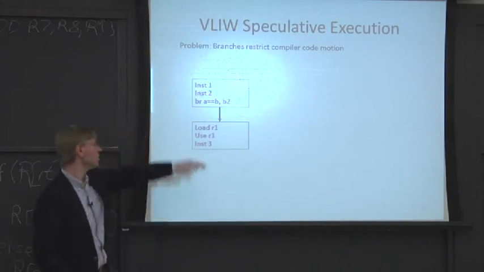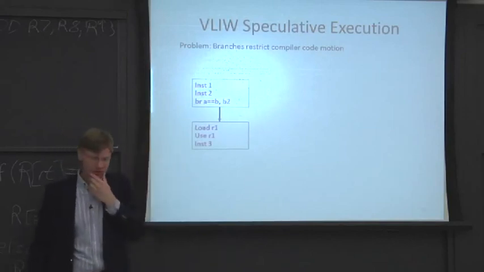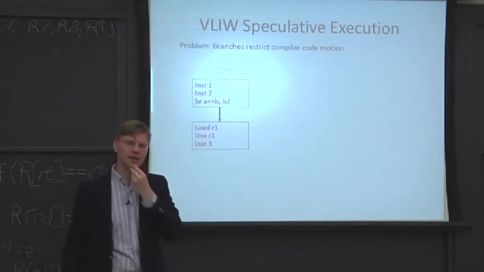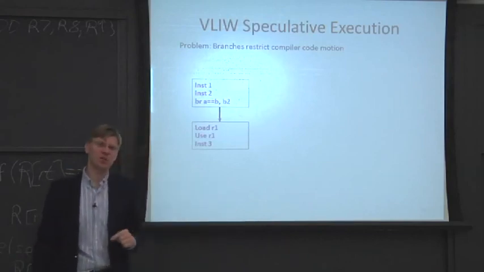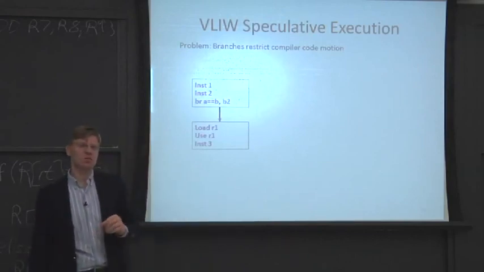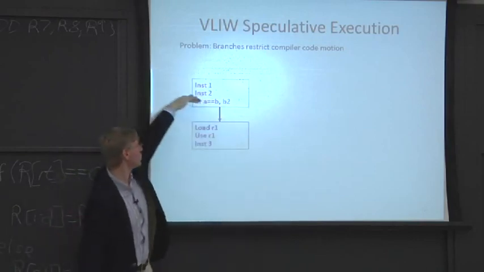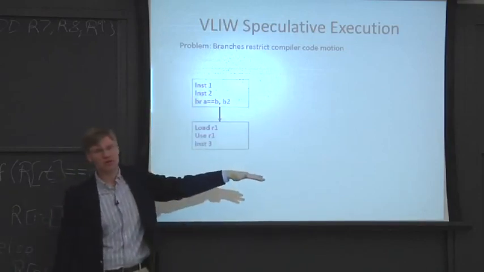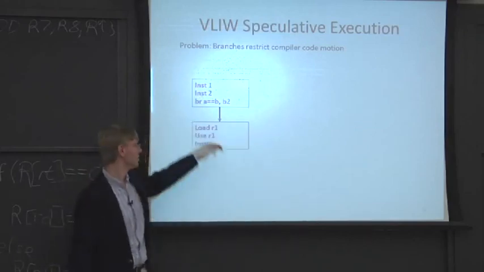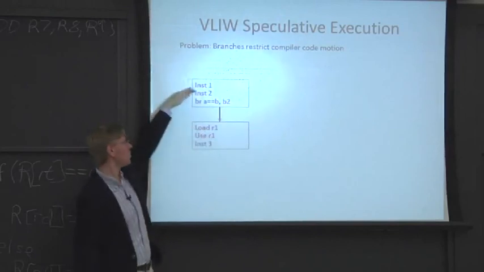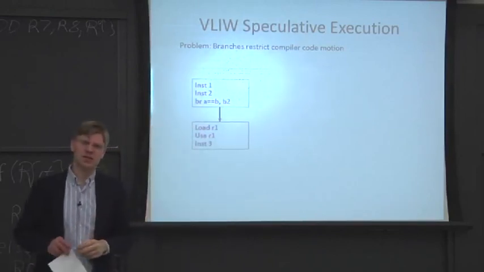So let's say we take this load and move it above the branch. Now what happens if that load takes a trap or an interrupt that was never supposed to happen? In correct program order, the branch was going to branch around the load, so the load was never going to execute. But all of a sudden, the load got moved up, and the load executes. And it takes an interrupt.